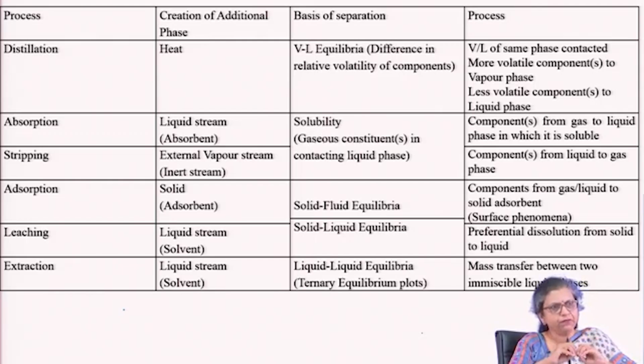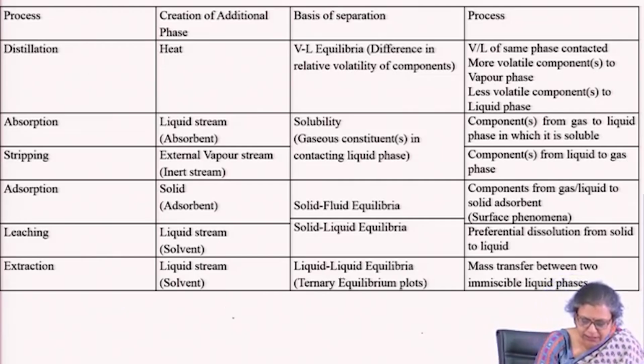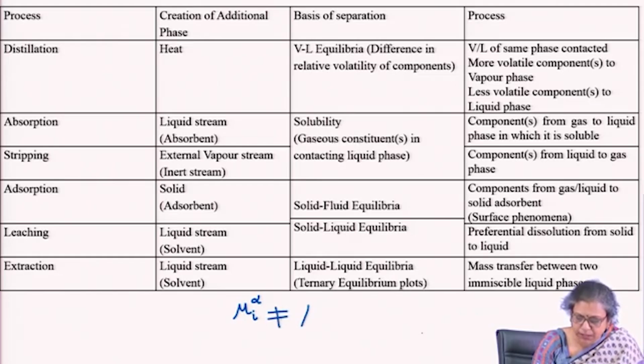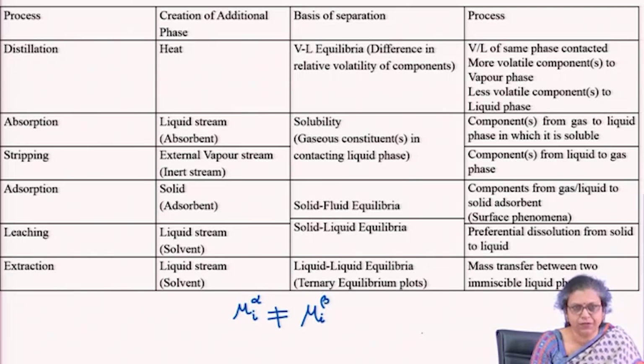Now, when will this transfer occur? This transfer will occur, as I had mentioned in the last class, when the chemical potential of that particular component, say i, in the phase, say alpha, is not equal to the chemical potential of the component in the beta phase.